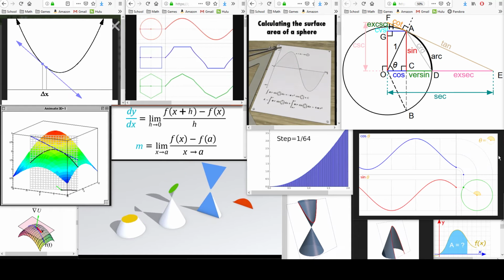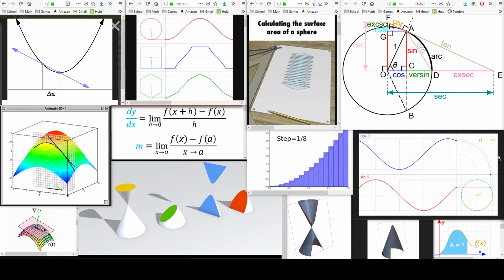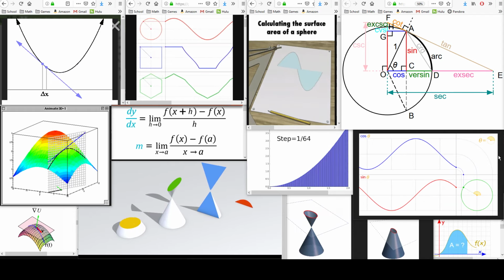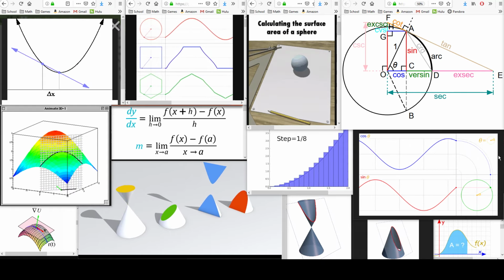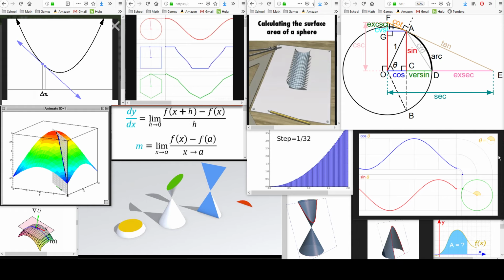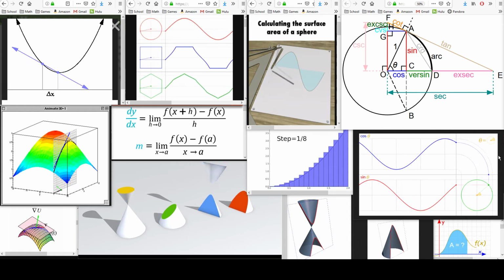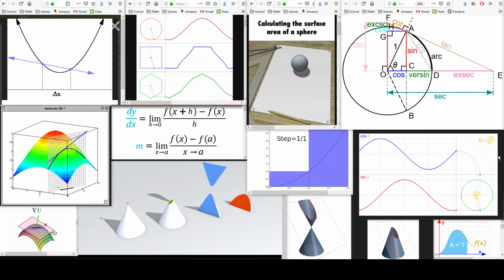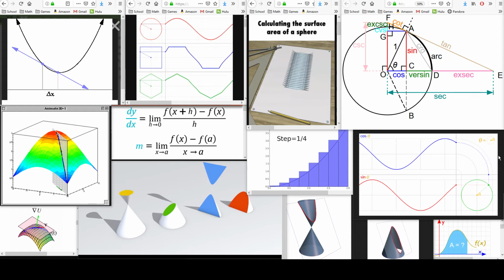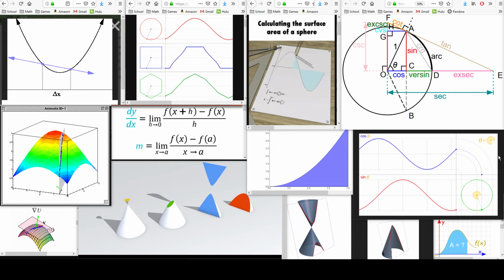So the right triangle definition of sine, cosine, and tangent is a way of relating sides of a triangle in different ways. The sine of theta is the length of the opposite side of the angle divided by the length of the hypotenuse. Cosine is similarly the length of the adjacent side to the angle divided by the length of the hypotenuse.